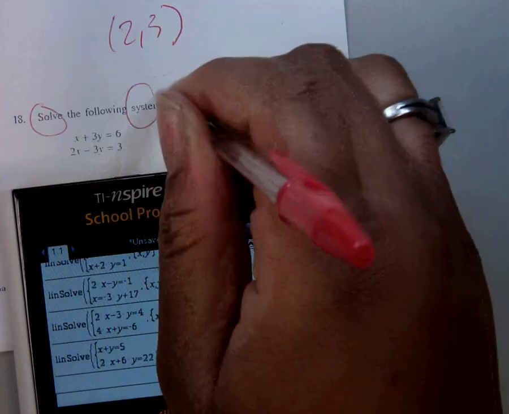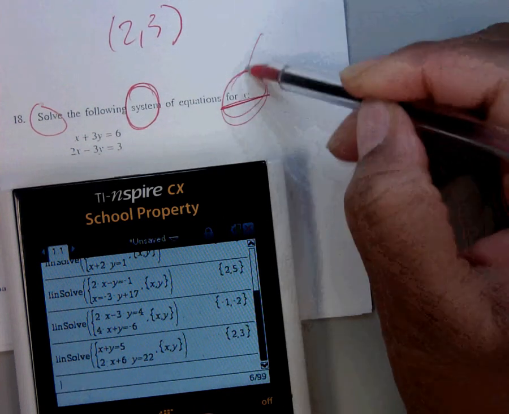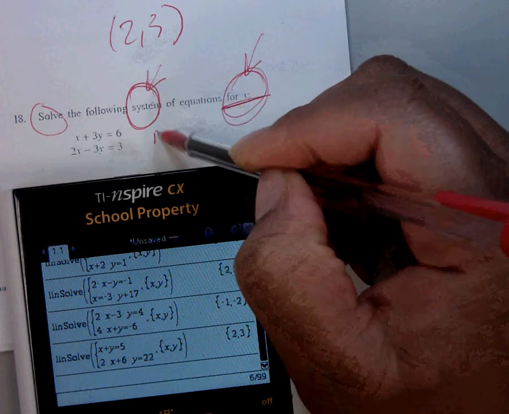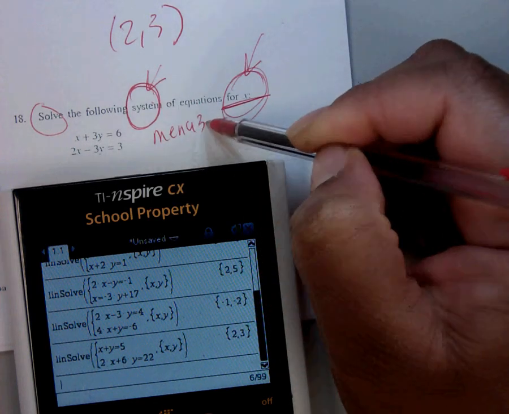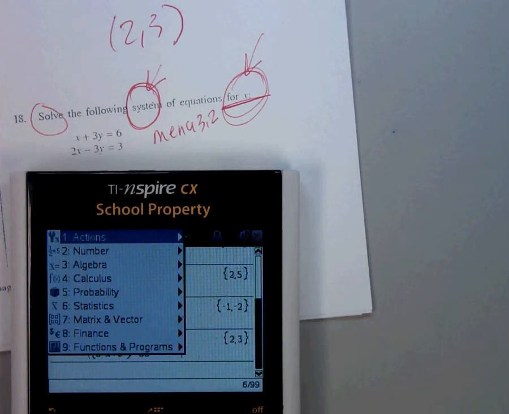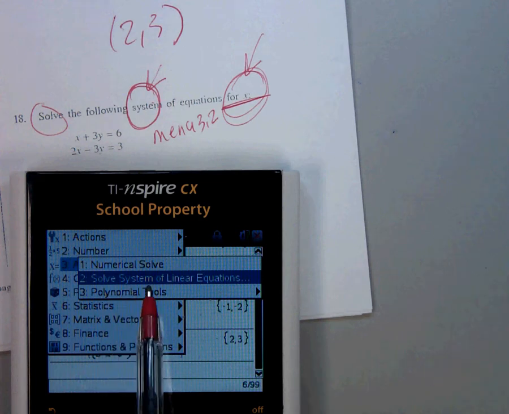Solve the who for who. Alright, so we need to figure out x. And we're solving a. That's our key word to use. So let's do it. 3 for algebra. 2 for, what's that word in there? Good job.